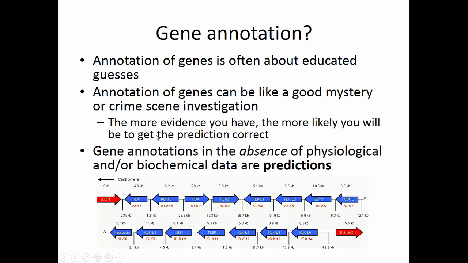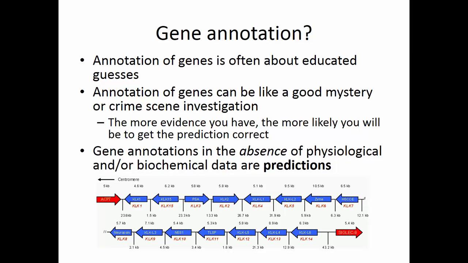So if we have more than just, well, this is what the gene looks like, if we have some proteomic data, and hey, it turns out we've actually purified the enzyme and run some enzymatic assays on it, well, we're getting there. We're in the right ballpark to say that, hey, maybe this is what this enzyme indeed is, and that our prediction is more likely to be correct.